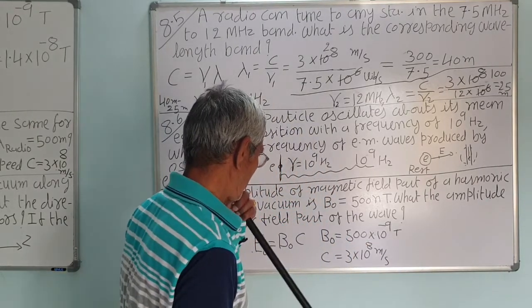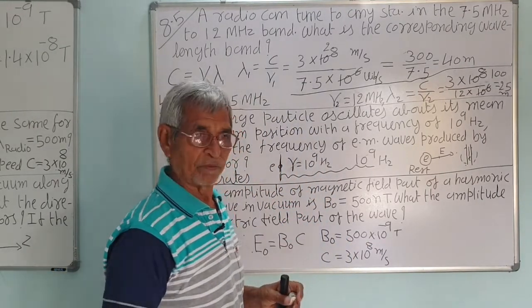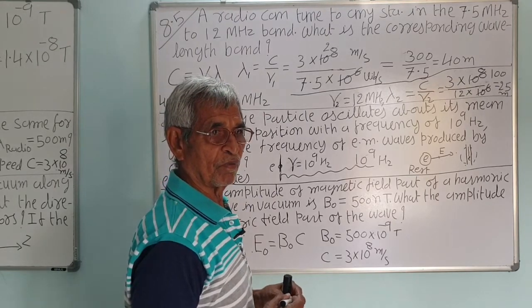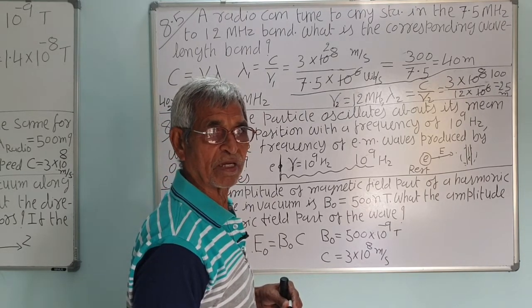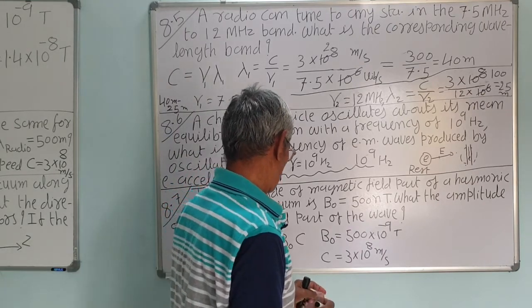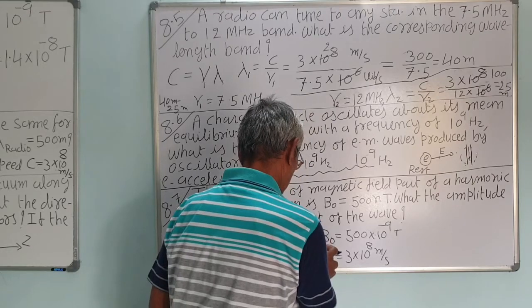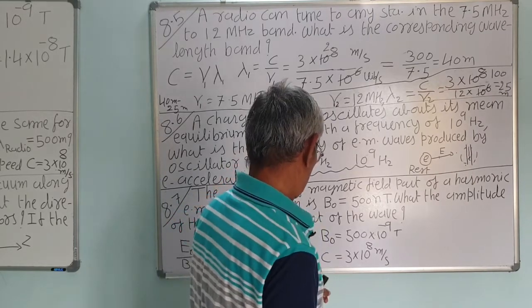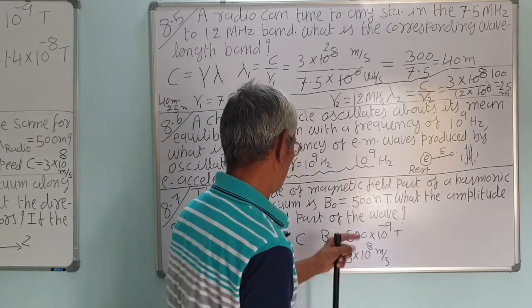Correct? The highest speed was measured by Foucault, Fizeau, Romer and Michelson. Many scientists measured the velocity of light after studying the nature of light. Correct? So B0 is given as 500.